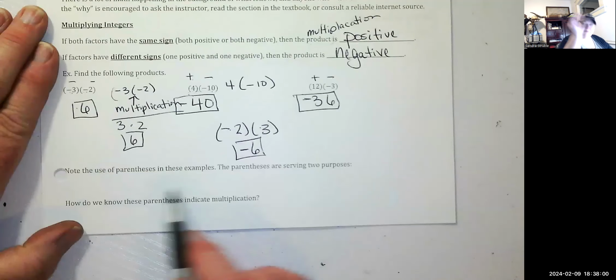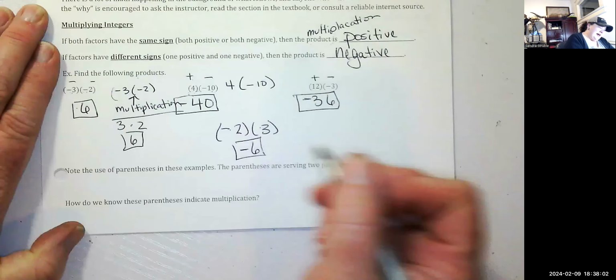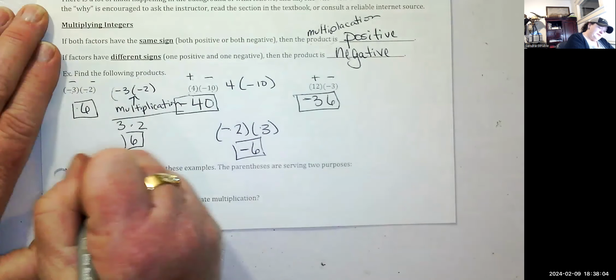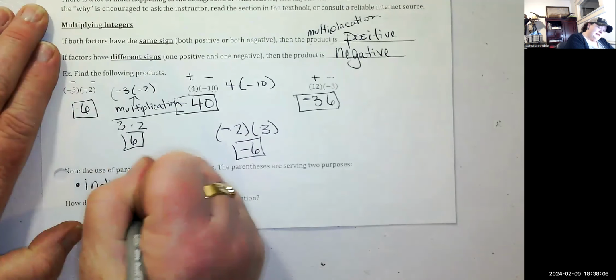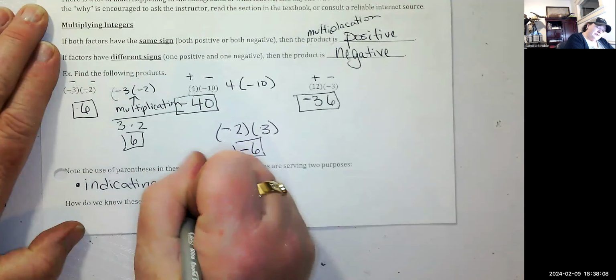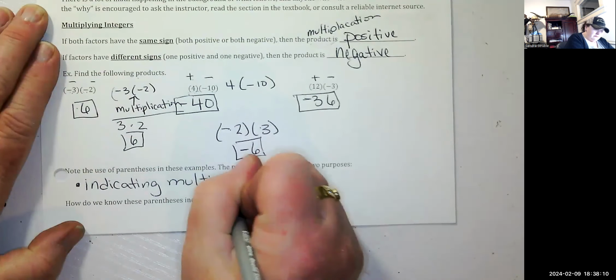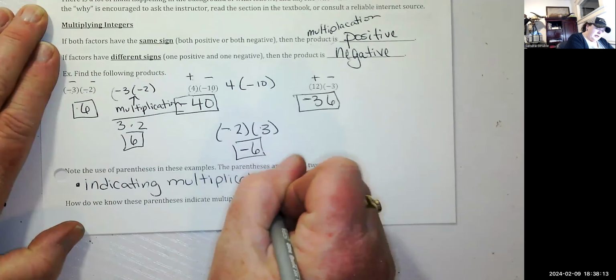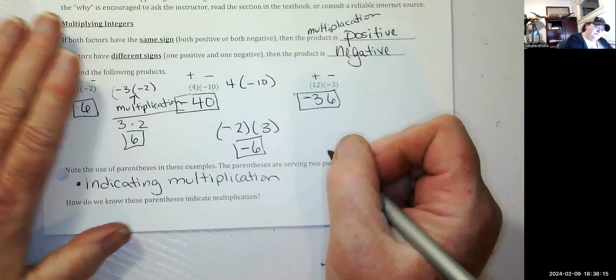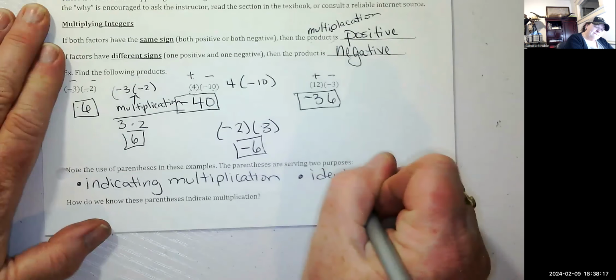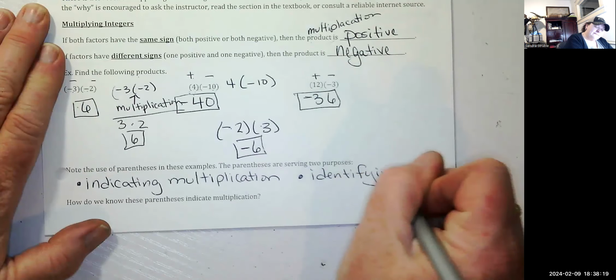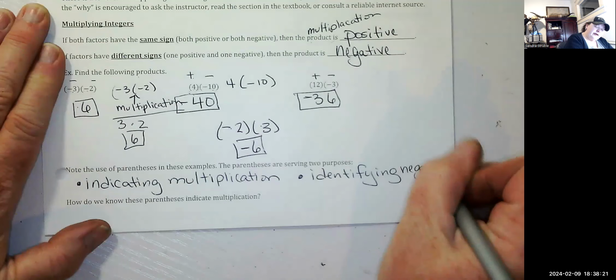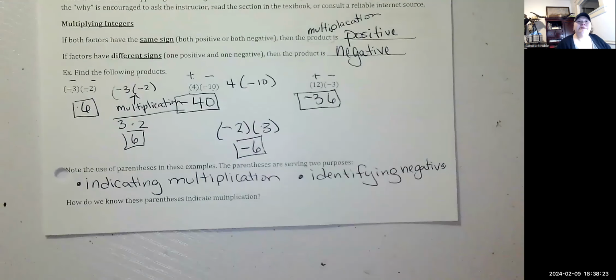So it serves two purposes: indicating multiplication, which is what I just described, and identifying negatives. The last one says, how do we know these parentheses indicate multiplication?